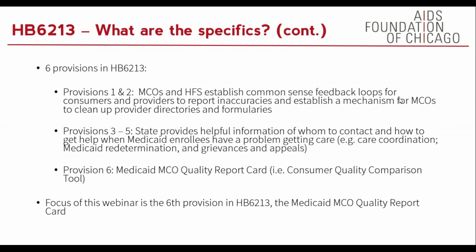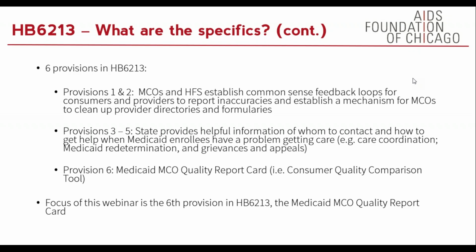The fourth piece is Medicaid redetermination. So the department shall require the client enrollment services broker to display on their website a description of where a Medicaid enrollee can access information regarding the Medicaid redetermination process. The fifth piece is the Medicaid care coordination.